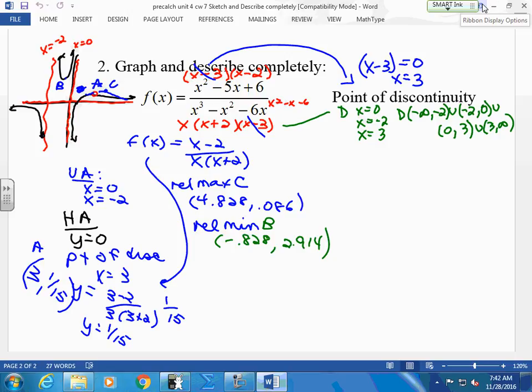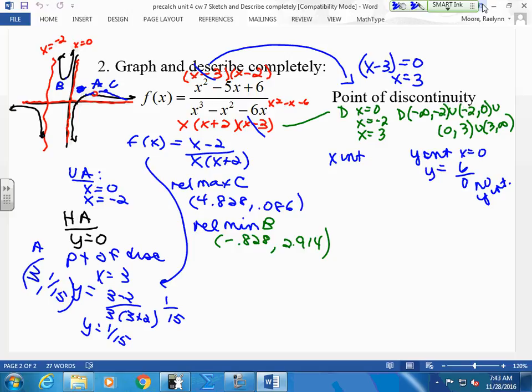All right, so let's fill in all the other parts. Let's do the x-intercept and the y-intercept. The y-intercept when x is equal to 0 is probably the easier one. So we've got 0, 0, we got a 6 over 0. Do we have a y-intercept? No y-intercept. Does that make sense on your graph? Because your y-axis is an asymptote. So that makes sense.